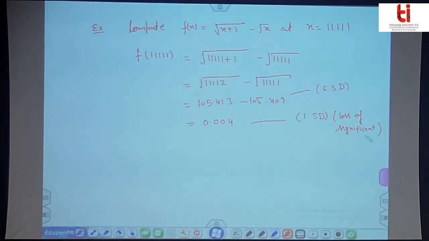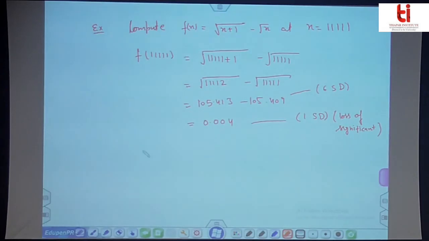The function value is 0.004, containing one significant digit, even though in all previous steps the numbers contained 6 significant digits. So whenever we are losing significant digits, it also creates error in our solution.